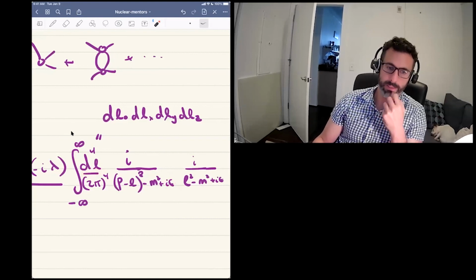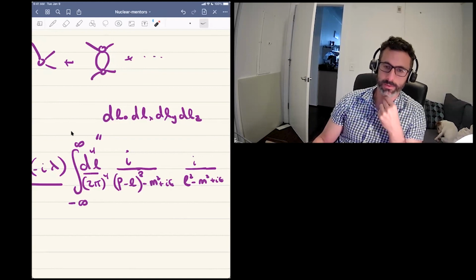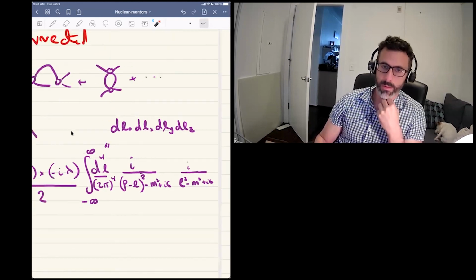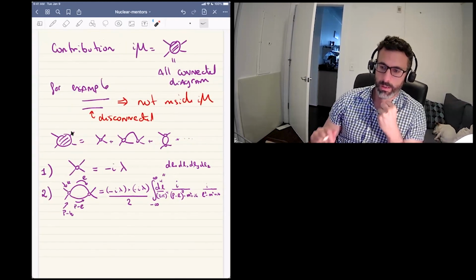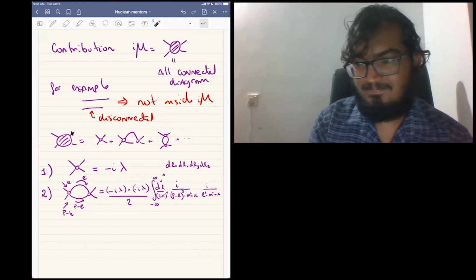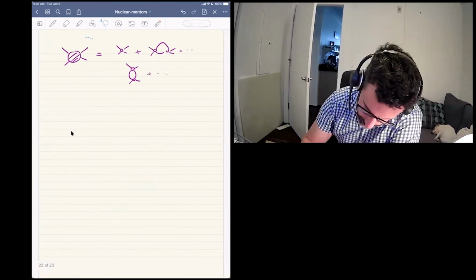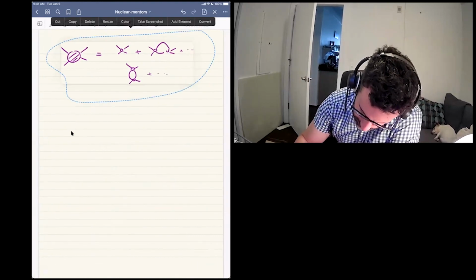I see somebody asking if you can evaluate numerically. Sometimes you can, but a lot of times you can evaluate these integrals analytically, and the epsilon is telling you exactly how to evaluate them.